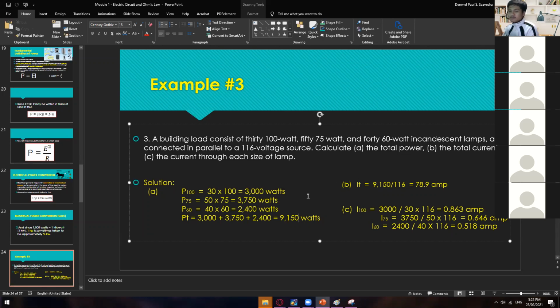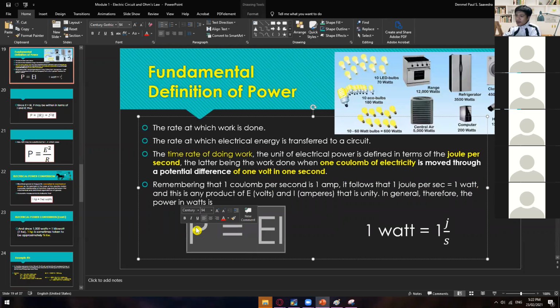Okay then. And then when it comes to total current, as long as you know the total resistance and then the total voltage, then you're good to go. But since we don't have the resistance in here, we can still solve for the current using the power. As you can see, we have the power here, and then we have the voltage source.